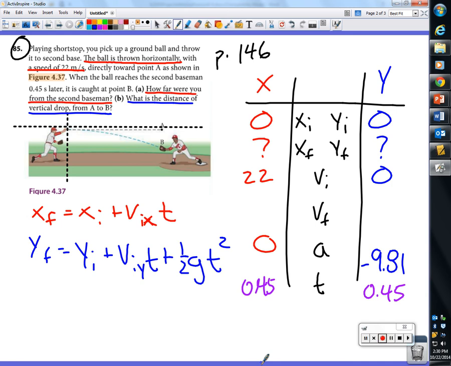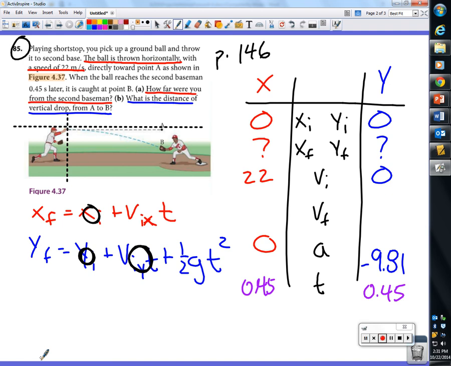But then, knowing what we know about some of the information that they gave us in the problem, some of these terms go away, right? We said the initial position on the x-axis is 0. The initial position on the y-axis is 0, but then also the initial velocity on the y-axis is 0 as well, so this whole term is going to be 0 too. Okay?